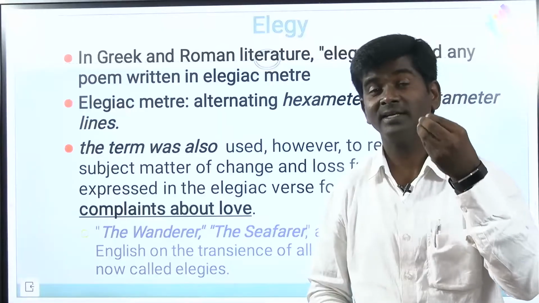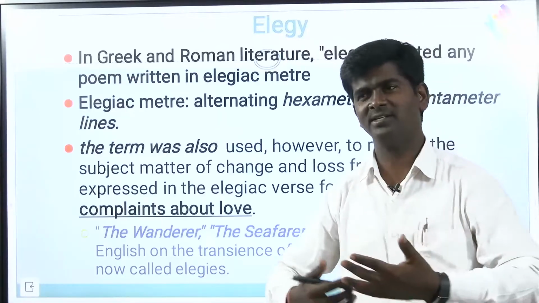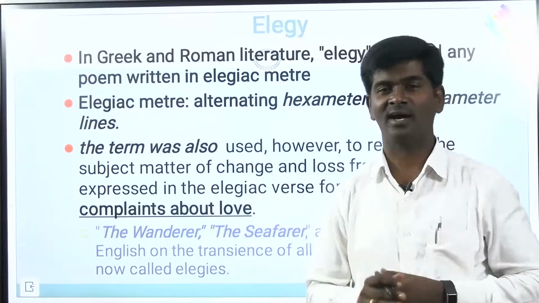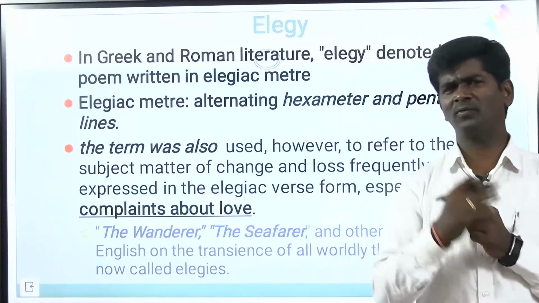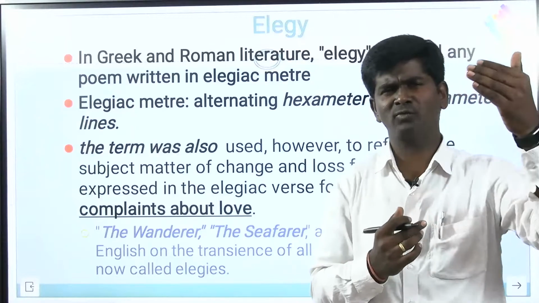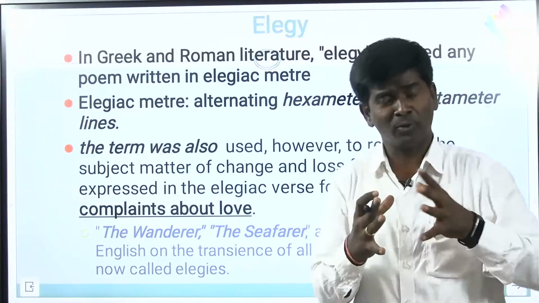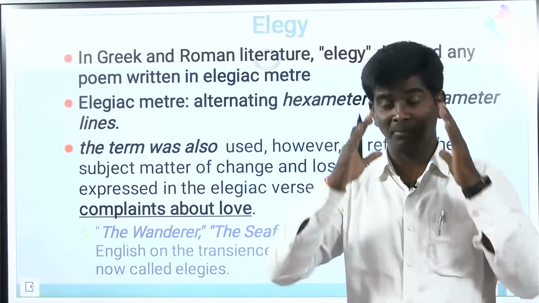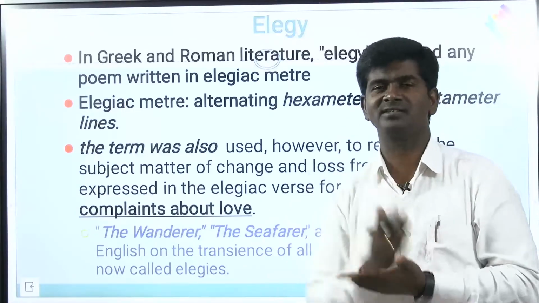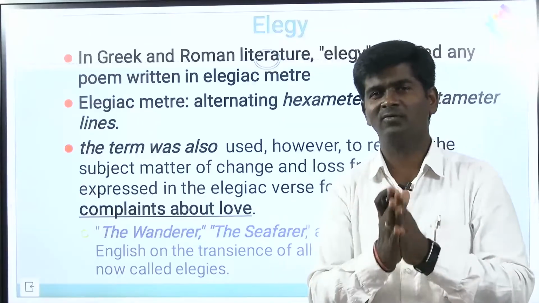All these are examples of elegies. Friends, in every exam you will find all the previous NET-oriented bits. That's what you need to know. Studying literature is just like an ocean, but you need to read in a different style. You need to have your own style of reading that.